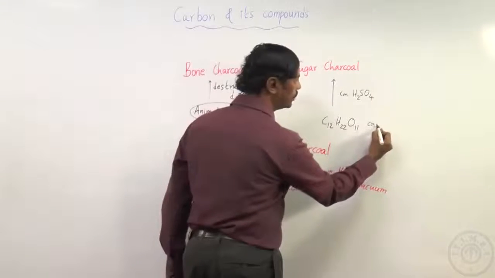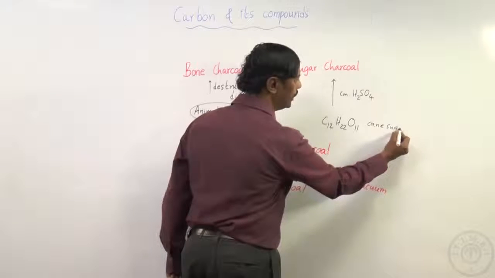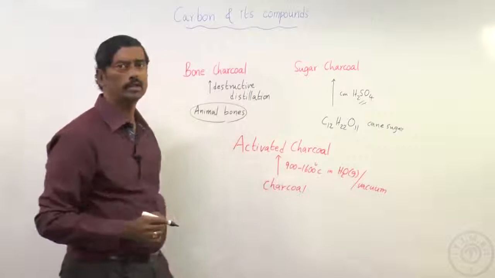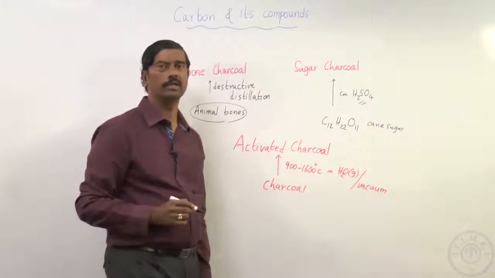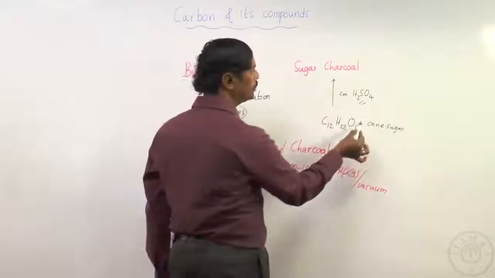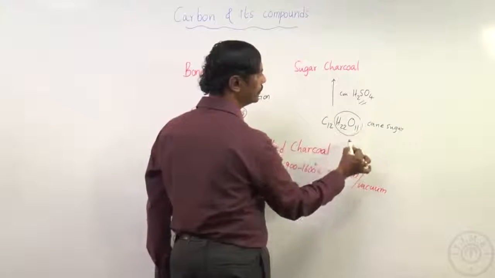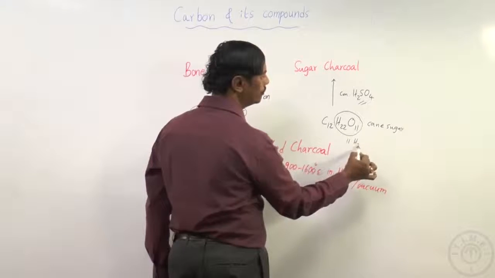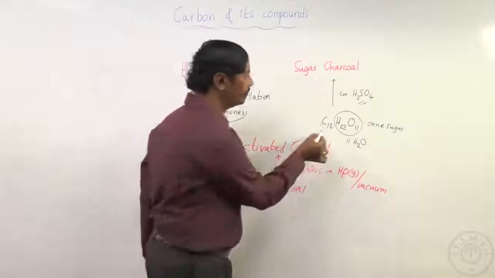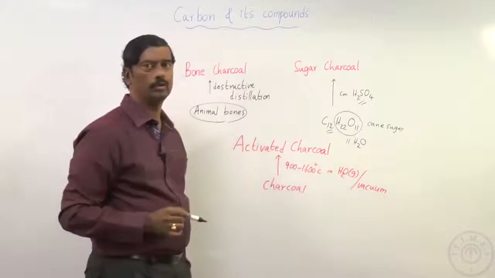This is cane sugar, or sucrose. The cane sugar is dehydrated using H2SO4, sulfuric acid. Concentrated sulfuric acid will dehydrate this cane sugar, and this water is nothing but 11H2O. So from removal of 11H2O we are left with carbon. That is sugar charcoal.